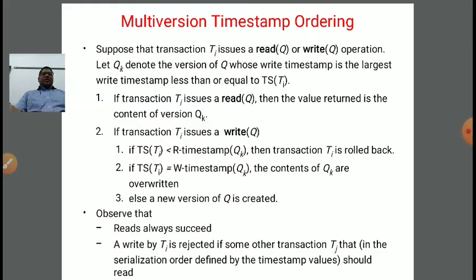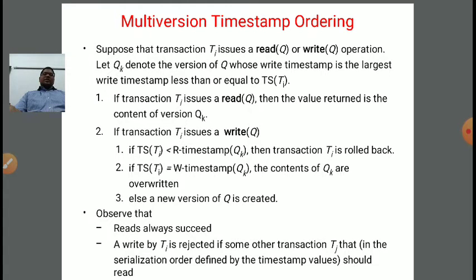Second, if the transaction Ti issues a write operation on data item Q, then first, if the timestamp of Ti is less than read timestamp of Qk, then transaction Ti is rolled back. Second, if timestamp of Ti equals write timestamp of Qk, then the content of Qk is overwritten.